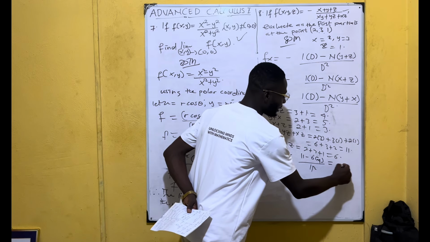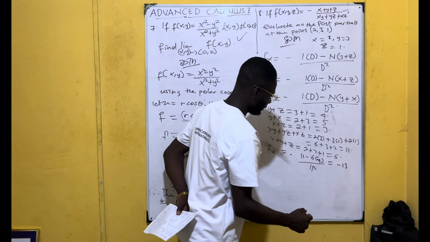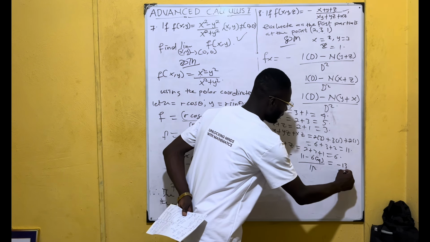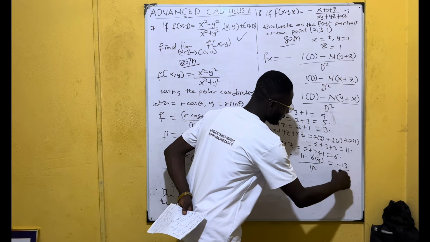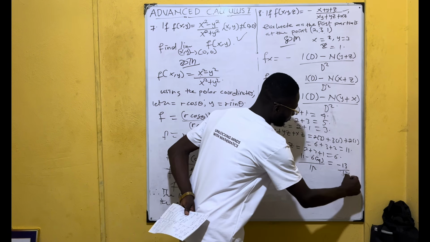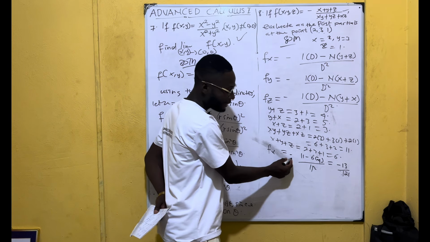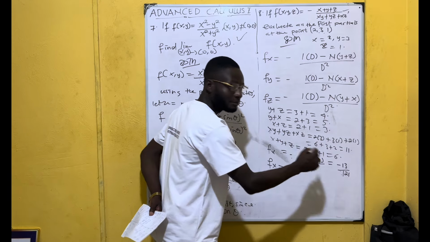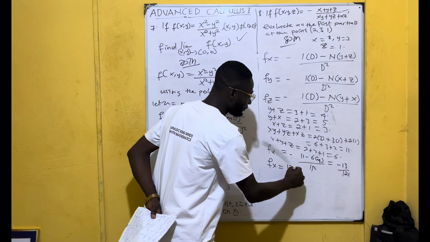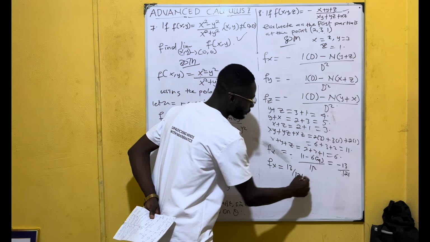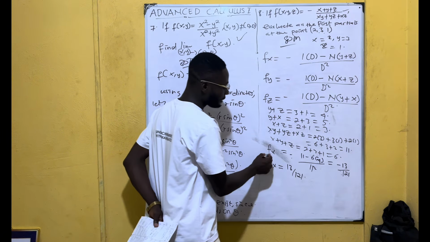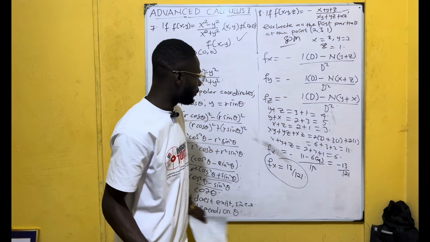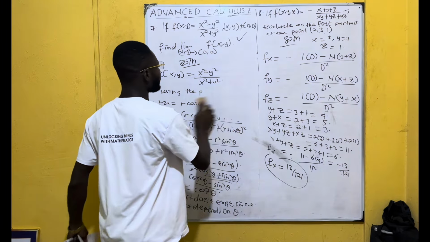So we are going to have minus 13 divided by 11 squared, which is 121. And remember, there is a big minus here, so it's going to be Fx equals minus minus, and that is going to be positive 13 over 121. Okay, so that is for Fx. Now let's look at the Fy.